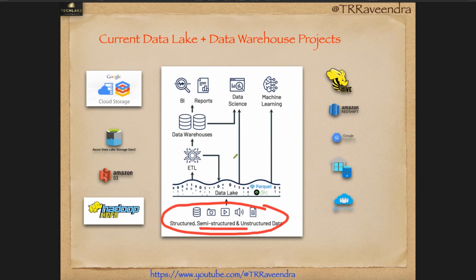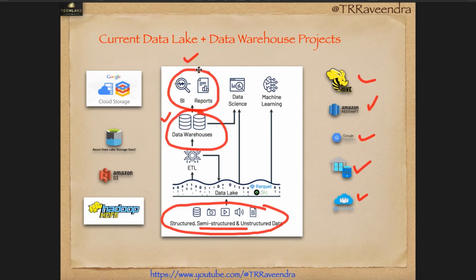So we store all types of data in the data lake. Then we have a separate data warehouse in the cloud, maybe Amazon Redshift, Hive, BigQuery, Azure Data Warehouse, or Snowflake. We use an additional process to convert the data into structured format and store it in these data warehouses, and that data warehouse is for the dimensional data model and reporting purpose.